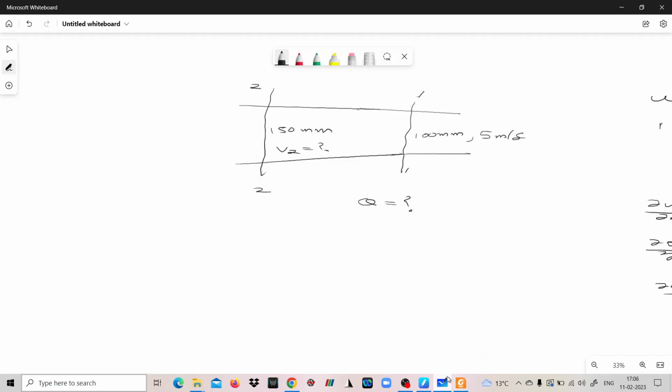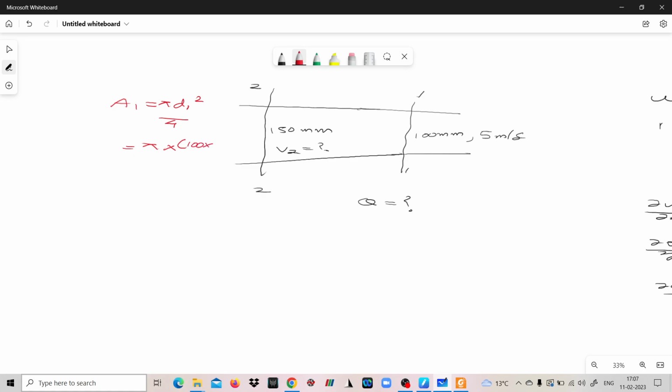Okay, let us look at the solution. What will be A1? A1 will be pi d1 square by 4. What is d1? 100 millimeter.